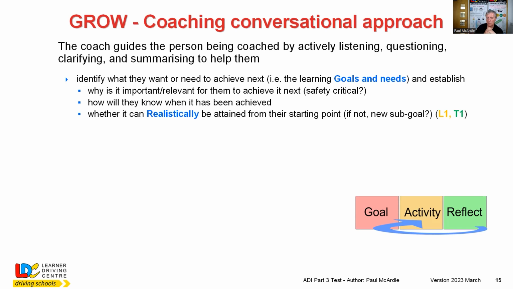This is where we talked about the small easy step. It has to be something that is achievable from where they are with the skills and the knowledge and the understanding they have at this point in time. If it's not, then you need to make the student aware that you can't run before you can walk, and you can do that simply by questioning them, saying, well, what can you do now?